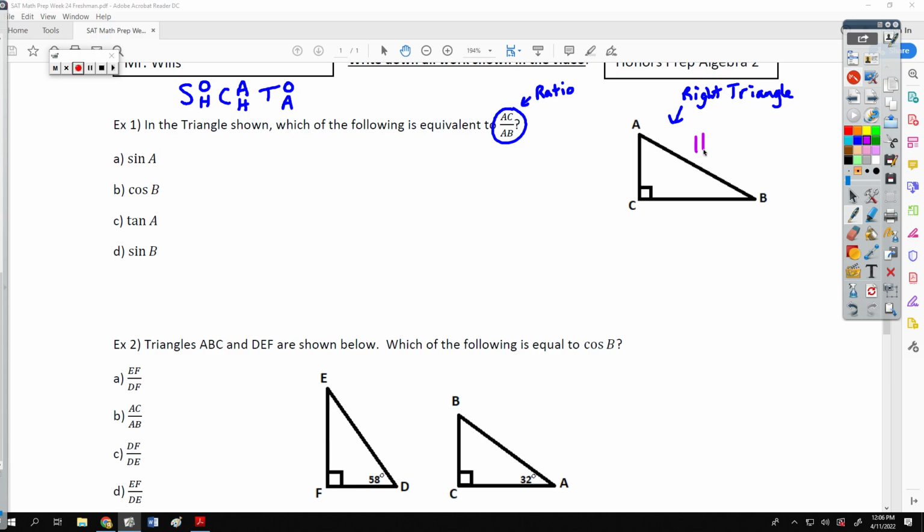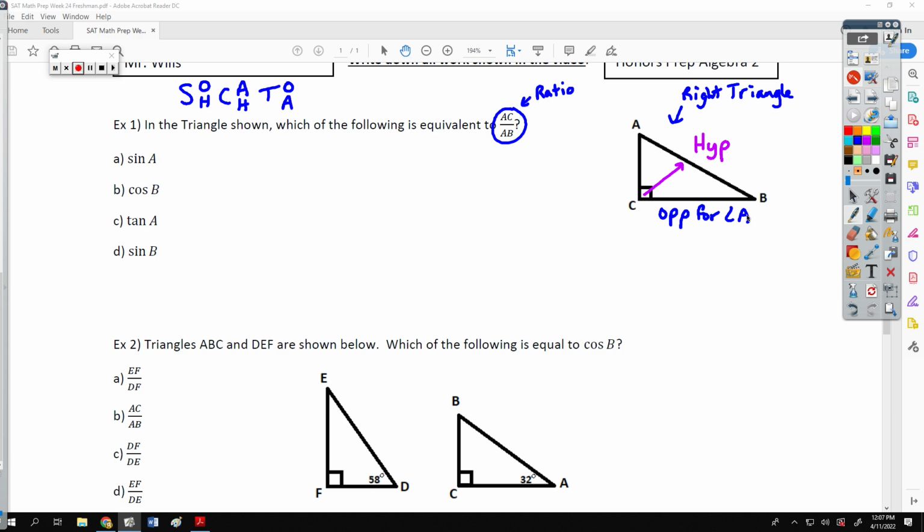Now the big key here is that we need to be able to recognize that AB is the hypotenuse, and then we have to realize that the other two sides are actually dependent on which angle we are talking about.